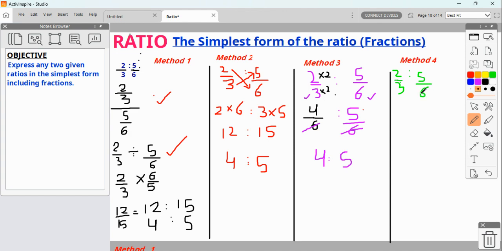We can see the denominators are 3 and 6. So we can take the LCM. We can find the least common multiple of the denominators 3 and 6.